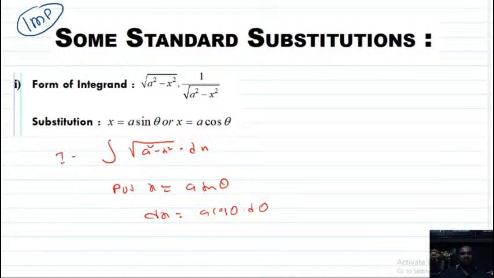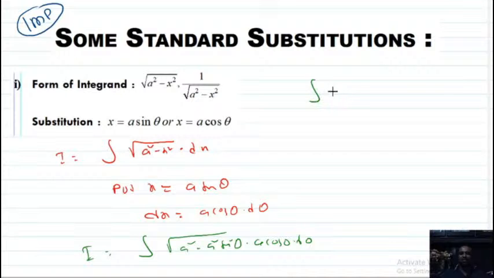So I can say this is I. Now I equals integral of root over a square minus a square sin square theta into a cos theta d theta, which under the condition becomes a square integral cos square theta d theta.